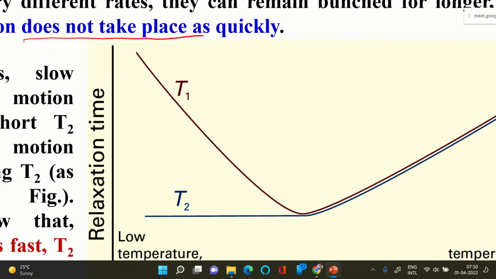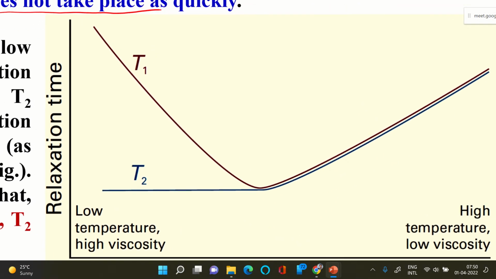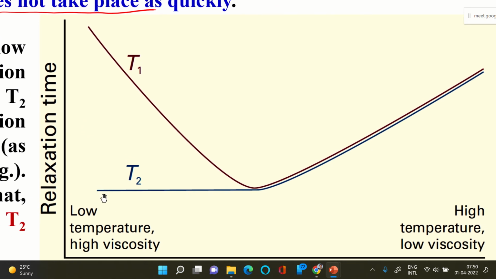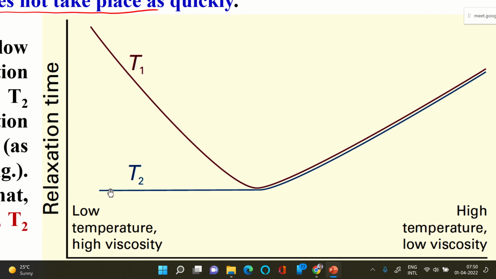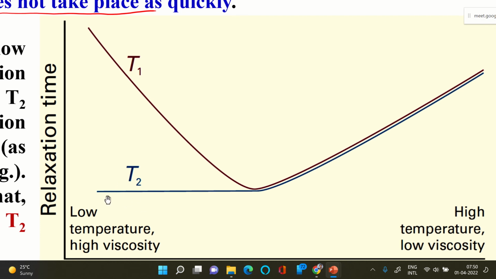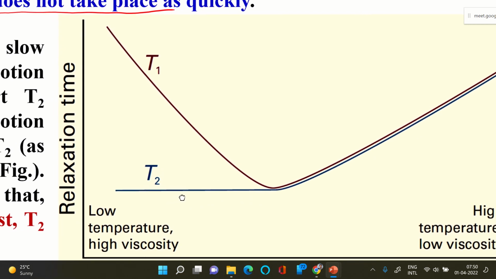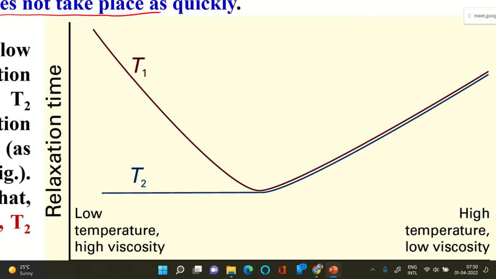So this picture tells you the thing. T2 was this randomization of spin part that we were discussing. This is the effect of the molecular motion that we were talking about, how it affects relaxation. If there's bunching of spins, it takes longer.